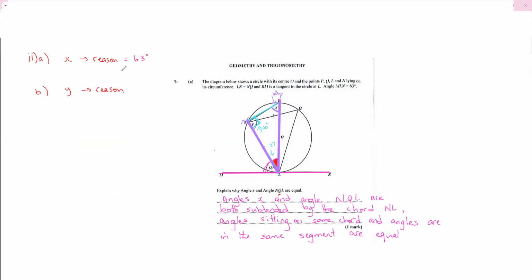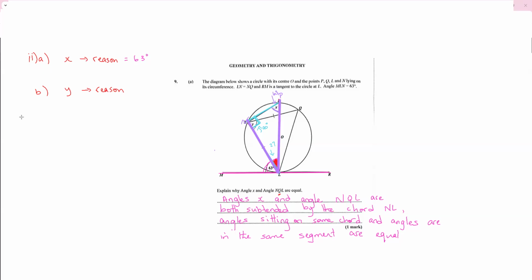So the next step, they asked us to find y. Now, if you look at y, it is a part of the 90 degrees here. Let's take a look at this.